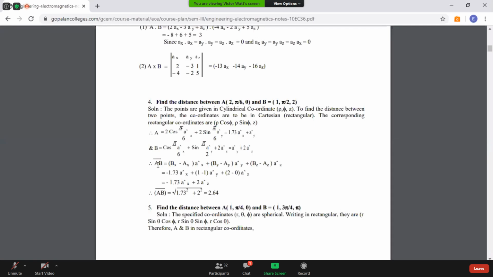For B, this angle should be π/2. This one here should be π/2. This is correct. And your Z remains the same.